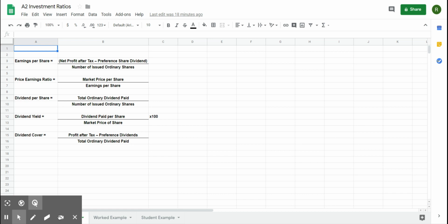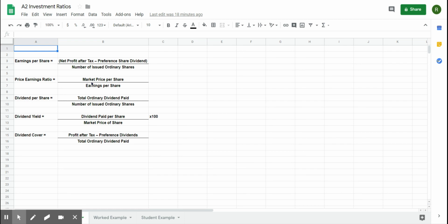And what that gives us is the amount of money that is earned and attributable to the shareholders of each share that they own.